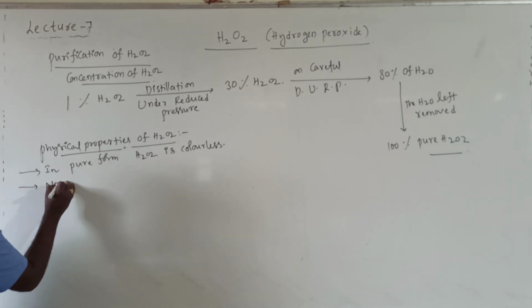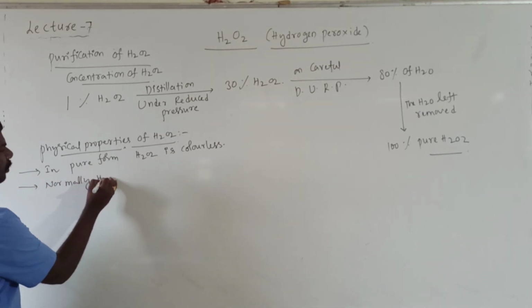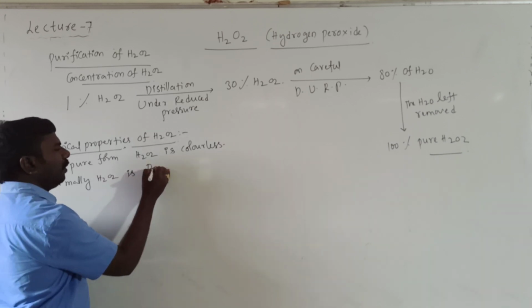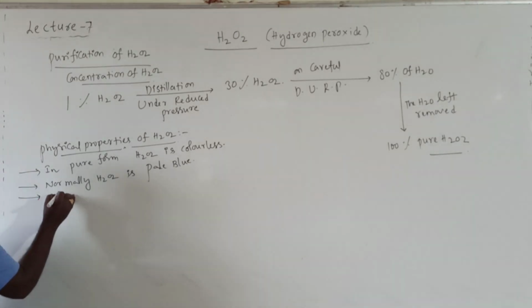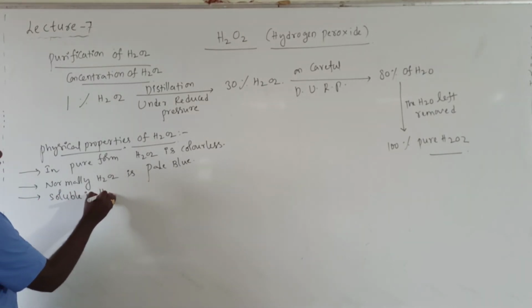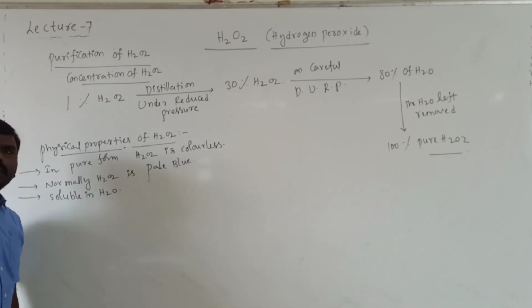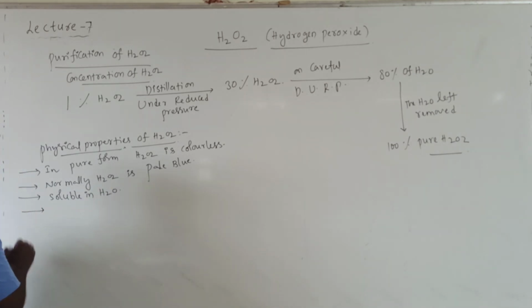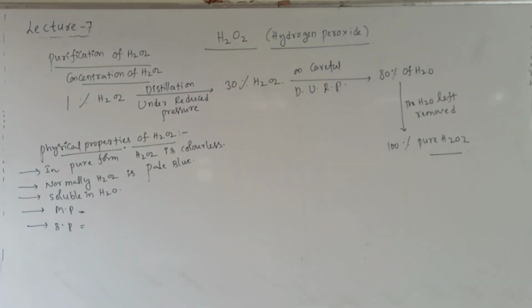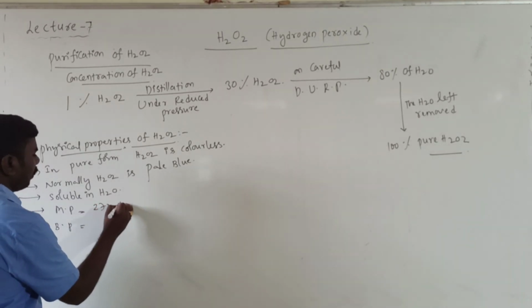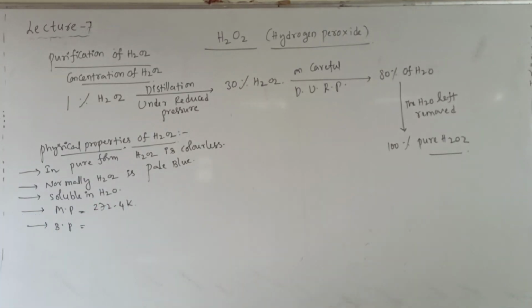Normally H2O2 is pale blue in color. Soluble in water because of hydrogen bonding. Next, melting point and boiling point. Melting point is 272.4 kelvins. Boiling point will be 423 kelvins.